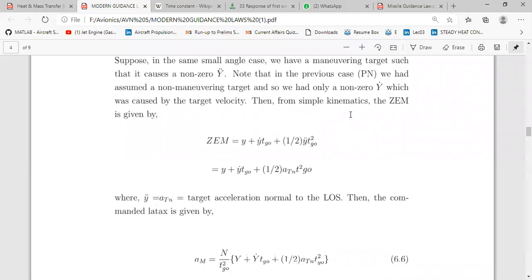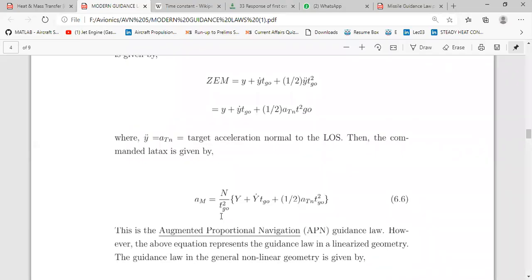This is your guidance command: AM is equal to N divided by time to go square into y plus y dot into time to go. It was similar in the previous one, only N is changing, plus 1/2 ATN into t raised to square.